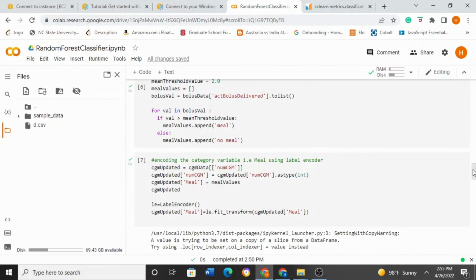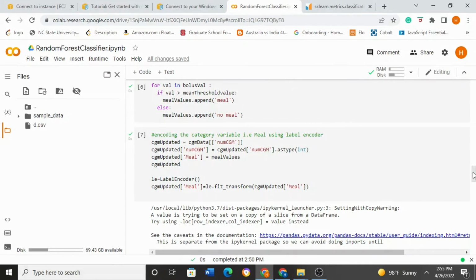Since this particular column is a categorical variable, to use it in our model we need to convert it into a numerical value. So for that we will be using label encoder. Label encoder will convert our meal column into a 0/1 categorical variable, in which 0 will stand for meal taken and 1 will stand for meal not taken.